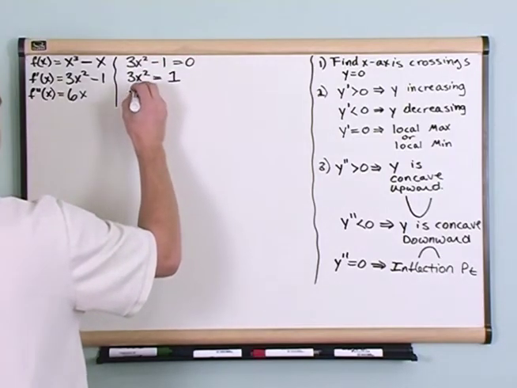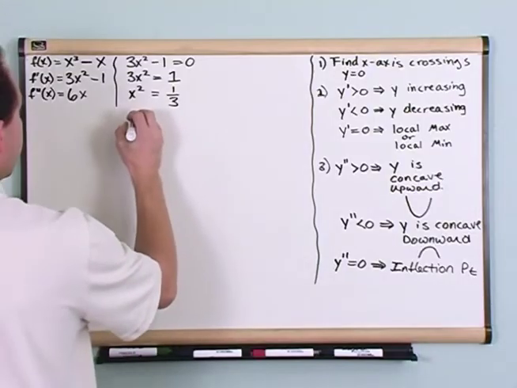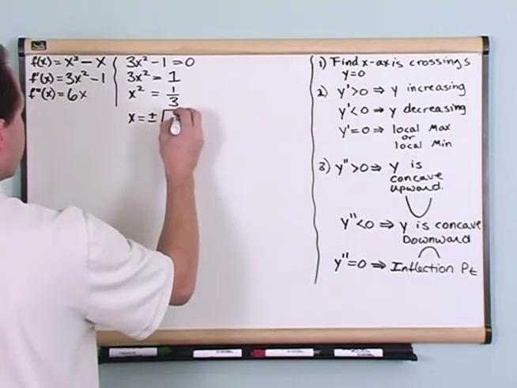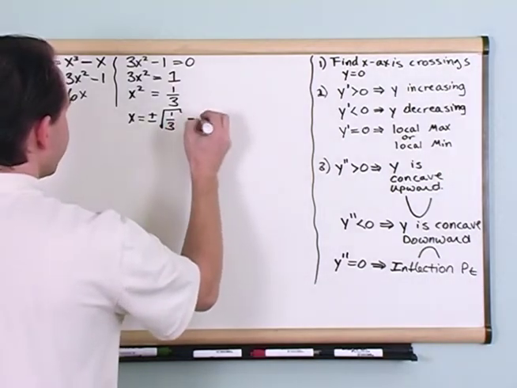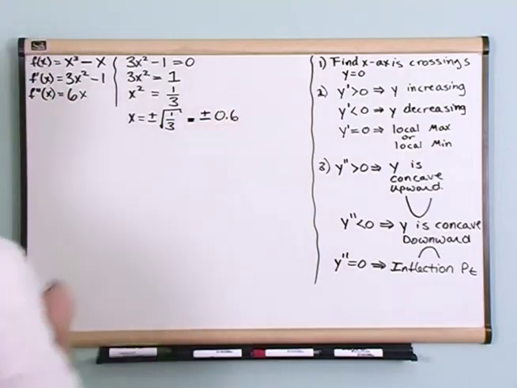Then x squared is equal to 1/3, so x is equal to plus or minus the square root of 1/3. When you put this in a calculator, you'll find that this is roughly plus or minus 0.6.